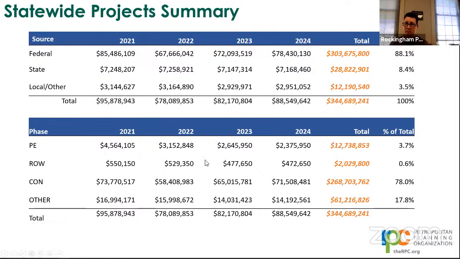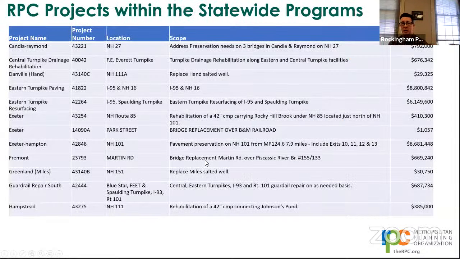So diving into those statewide programs, these are not projects that we have to list individually in the TIP, and so we don't. But these are examples of the types of things that you're going to see in that. You're seeing some paving, drainage rehabs, some of the smaller bridge rehabs or replacements, culvert work, things like that.